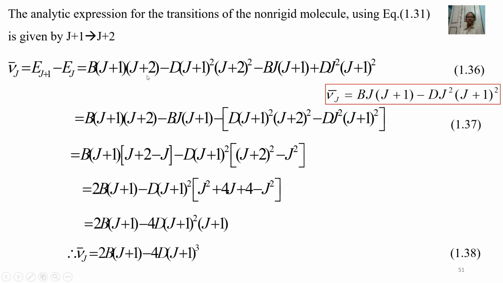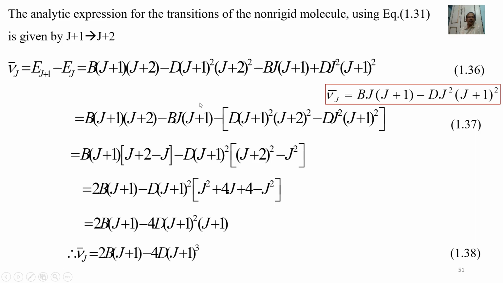And for the D term, you substitute J plus 1 whole square, and J plus 1 becomes J plus 2, on the whole for J plus 2, and this is your J plus 1. So this becomes B J J plus 1 minus D J squared J plus 1 whole square.